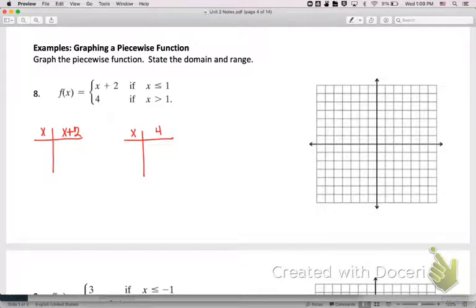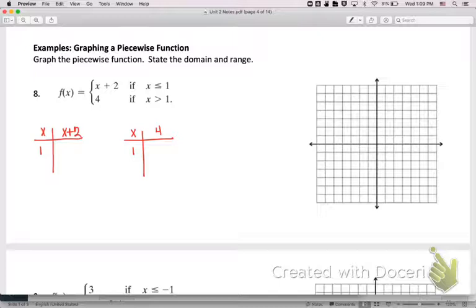Now, no matter whether it's equal to or not, 1 is the starting point for each of these functions. You may have an open circle because you don't ever get to 1, but it is still the boundary point. So I'm going to start each of these tables at 1, and before I go any further, I'm going to decide if it needs an open circle or a closed circle.